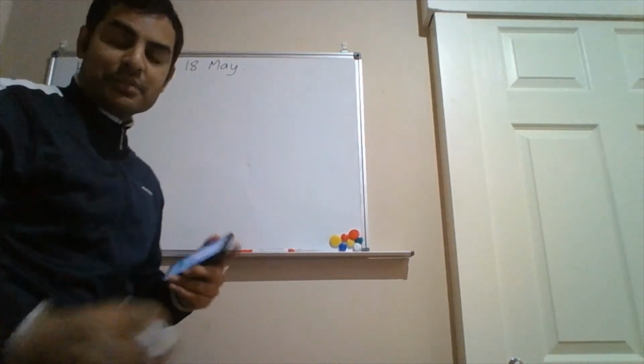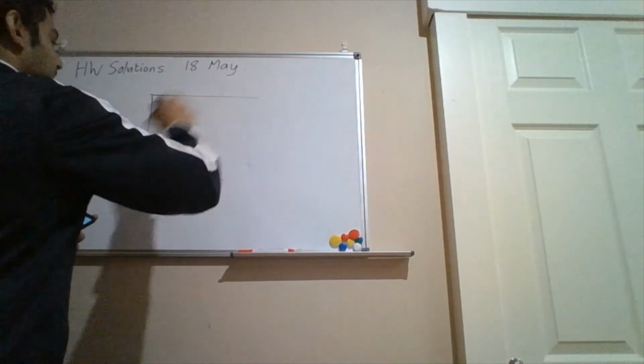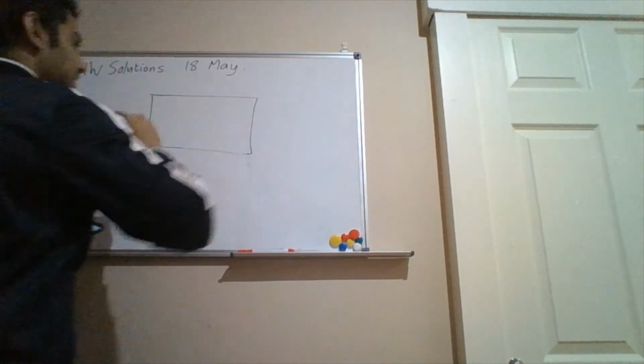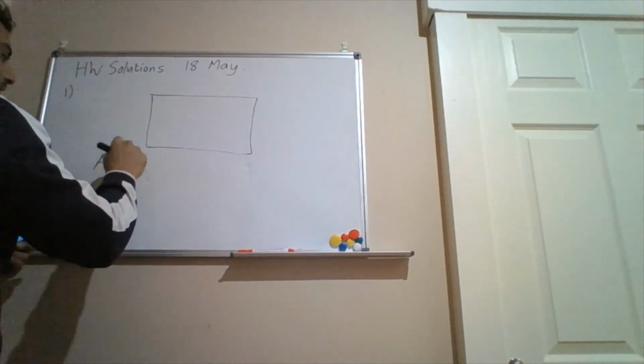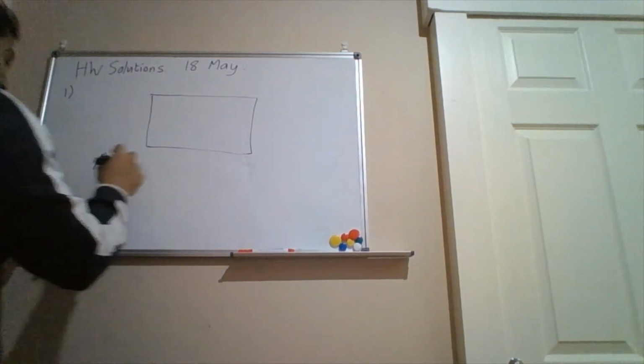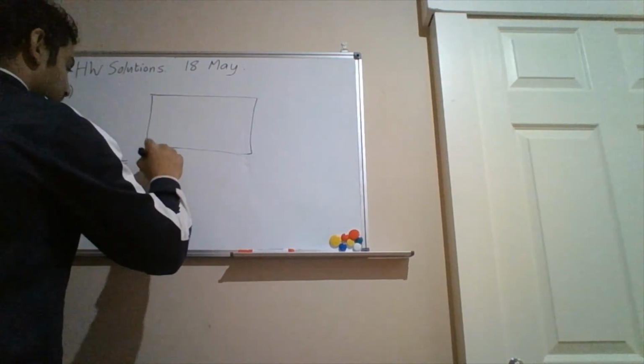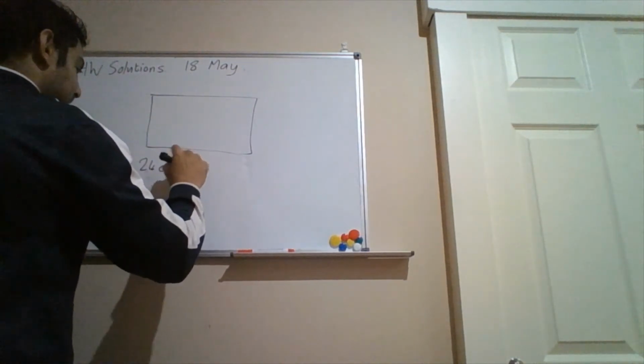Once again, I'm going to draw a little picture to try and unpack this. Our rectangle is here. That's the first piece of information, the type of shape. Then we've got our area that's given to us as 24 centimeters squared.